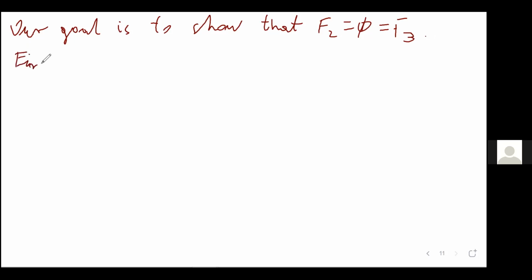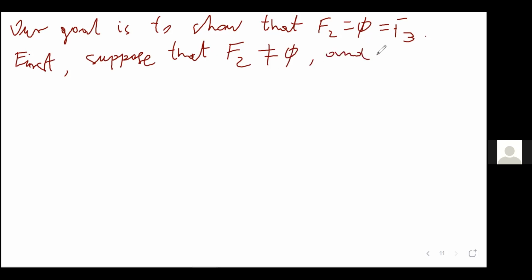Of course, by contradiction. First, suppose that F2 is not empty, and take some vertex u in F2. Okay, if it's not empty, then it must have at least one element.